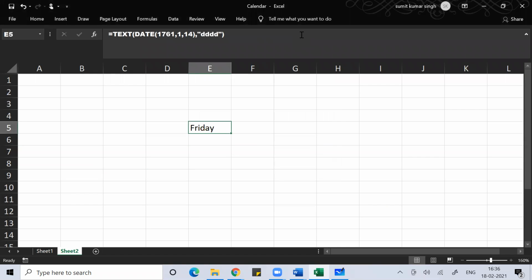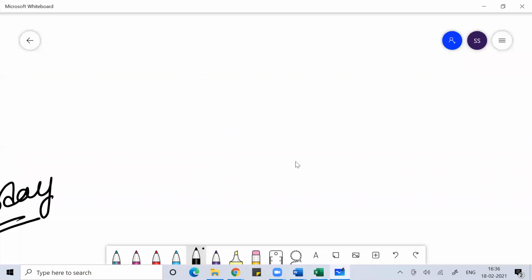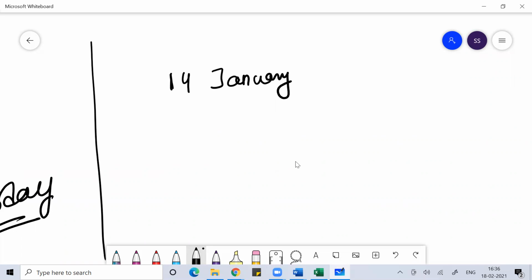It was Friday. If you want to check, you can check that. You take any date, like suppose I take 14 January 1761. You want to calculate, you can calculate this.